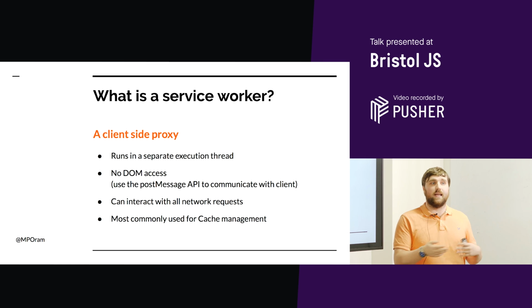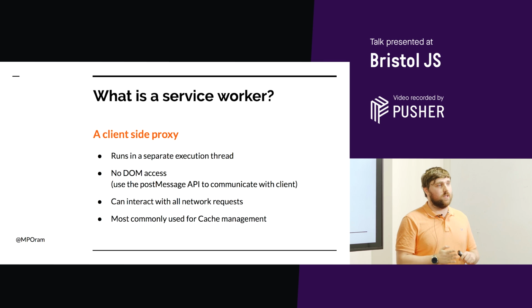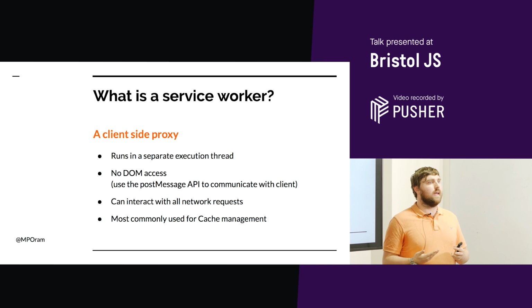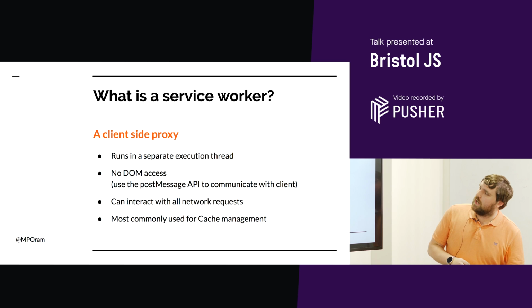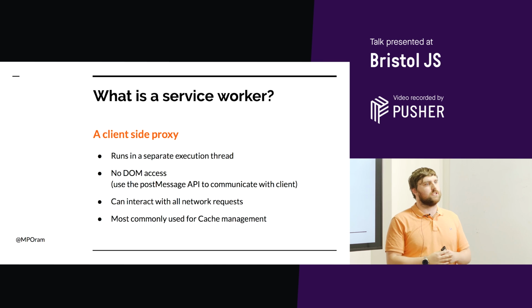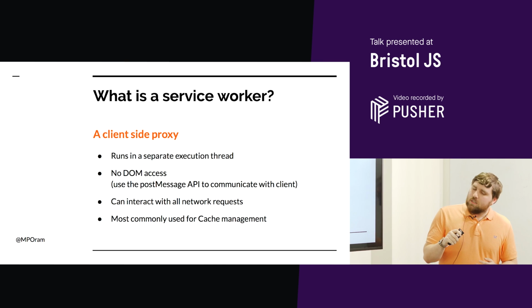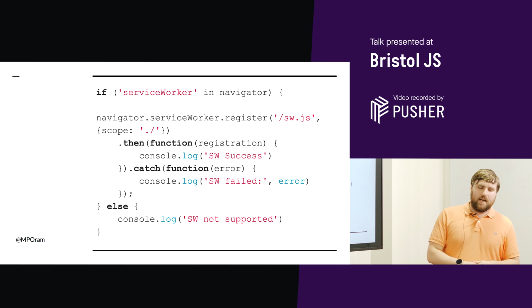So anytime an HTTP request goes in or a response comes back, it will be picked up by your service worker, and then you can do stuff with it. We'll talk about the kinds of things you might want to do with it in a minute. Most commonly used for cache management, so actually storing stuff in the cache, not just files, but data. So let's have a look at how we do this.